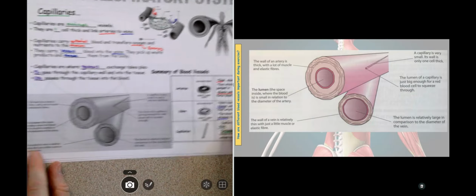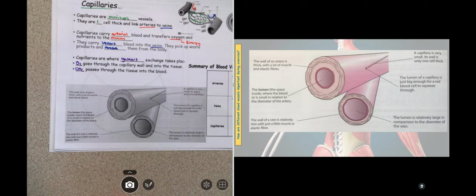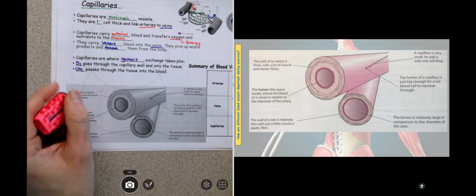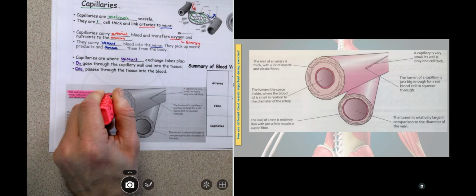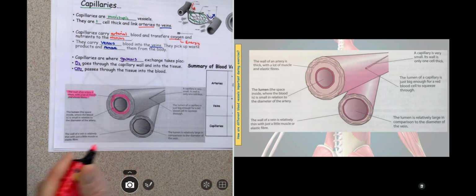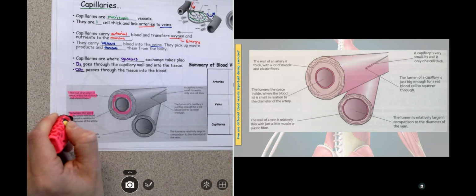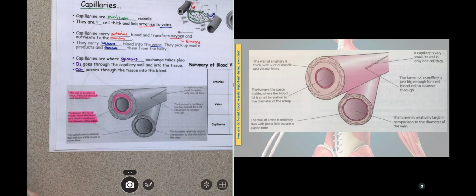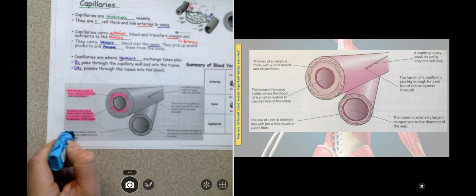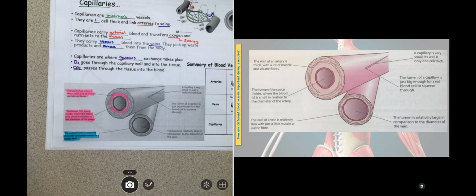And then again, just quite a useful picture to have in there. You could highlight key bits of information here on the arteries, on the veins. I'll try to stick to the same colours. So the wall of an artery is thick, has a lot of muscle and elastic fibres. The lumen, which is the space inside where blood travels, is small in relation to the diameter of the artery. Obviously the most of it's taken up by the thickness of the muscle. The veins have much thinner walls, much less muscle.